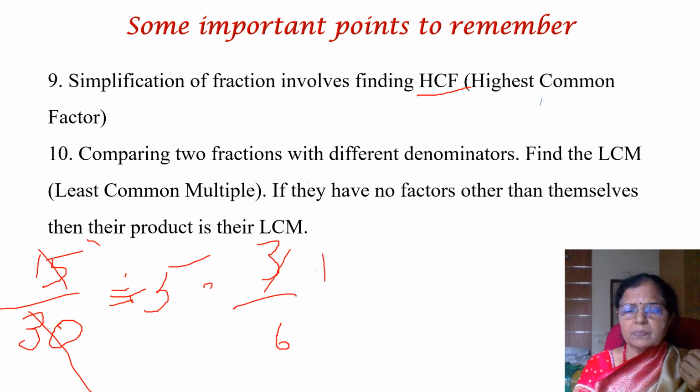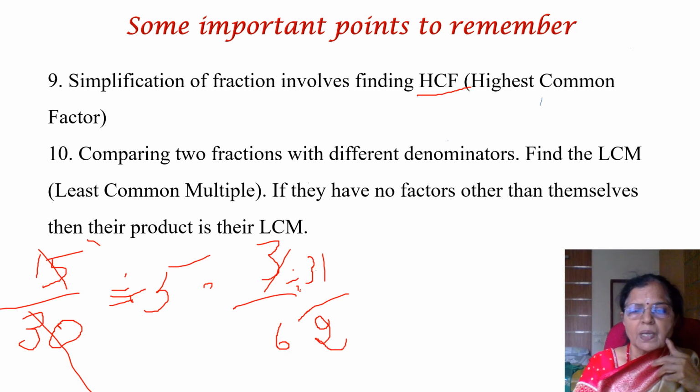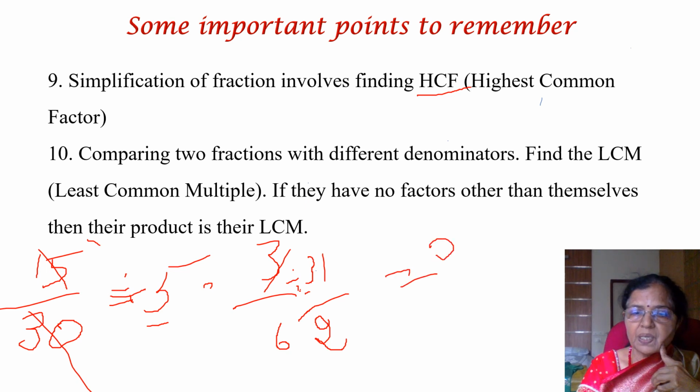So again divide both numerator and denominator by 3. You get 1 by 2. 2 into 3 are 6. So first factor is 5 and the second factor is 3. Multiply this 5 into 3, you get 15. So 15 is the highest common factor.